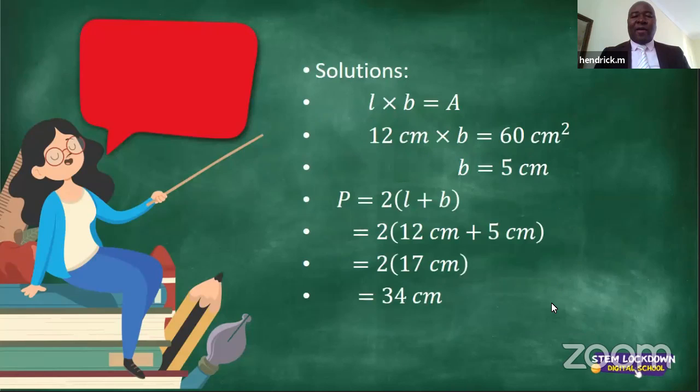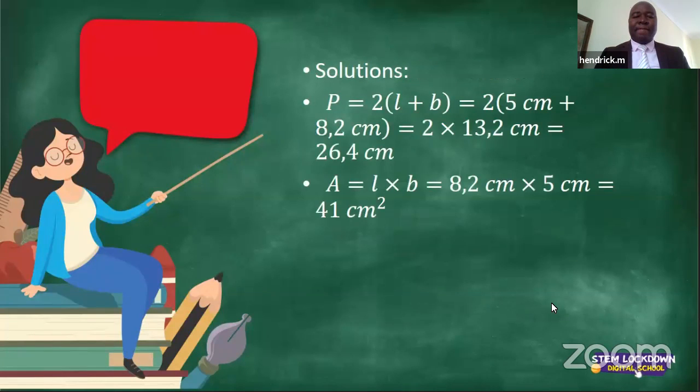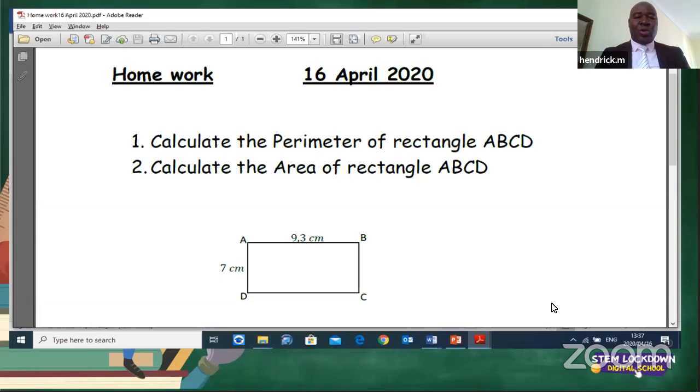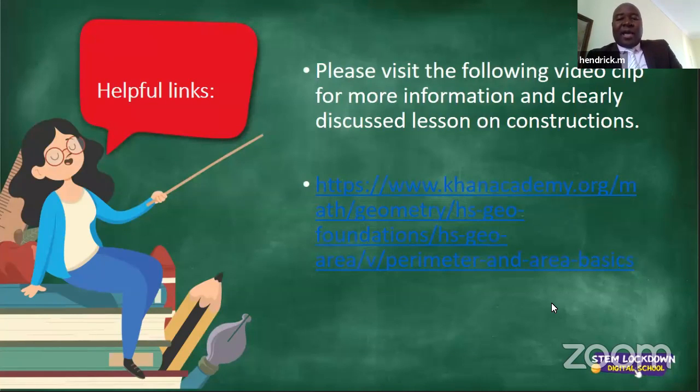The last one that I gave you, of course, was the homework, which I believe you can do, and we can look at it tomorrow. Last but not least, please visit the following link. I've given you a link there.